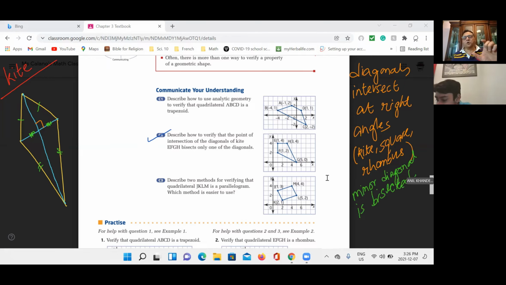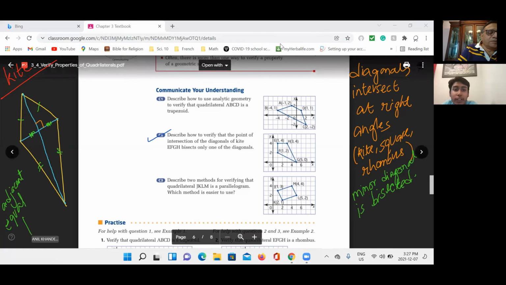Yes, one is smaller, one is bigger, as you can clearly see in case of a kite, because one set of sides which are adjacent, right? What you see here, adjacent sides are equal. Adjacent equal pairs. Okay, sir. As you have seen in this particular diagram, right?